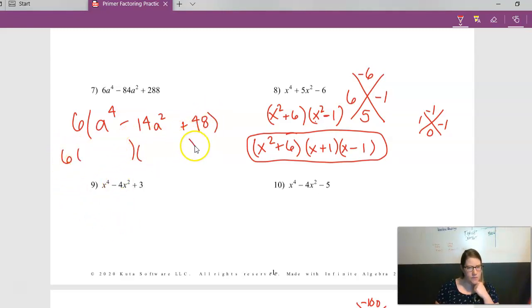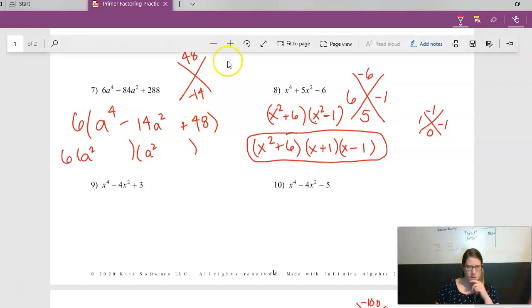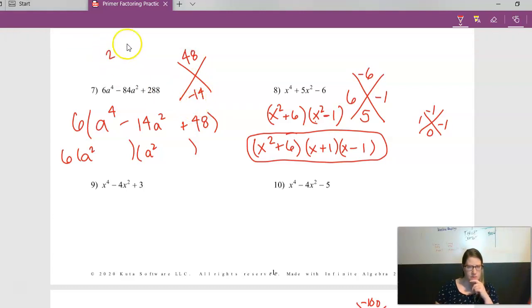We're going to x factor what's in the parentheses, but remember we would have to put a squared here instead of a. A is 1 and c is 48, so this number would be 48. We need to multiply to 48 and add to negative 14. So let's see, we would have 1 times 48, which won't work. We could have 2 and 24, which won't work. We could have 3 and 16, which won't work.